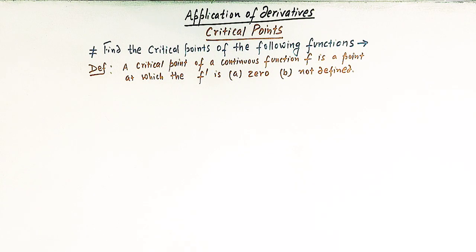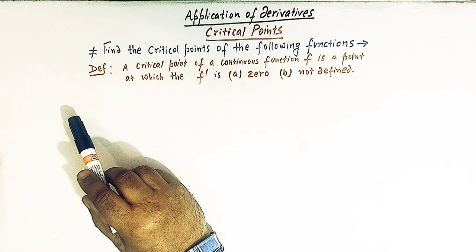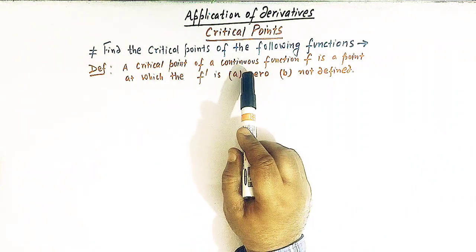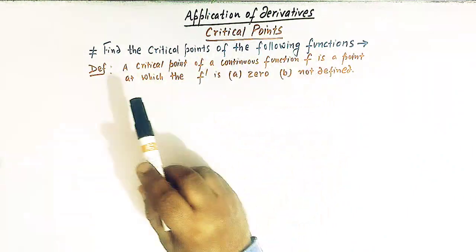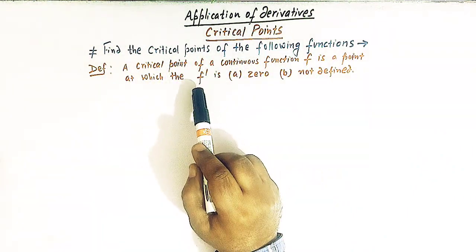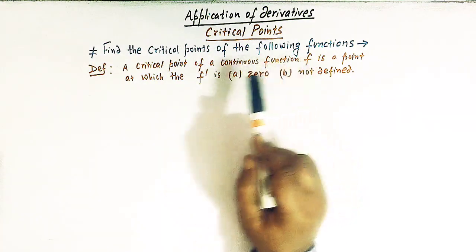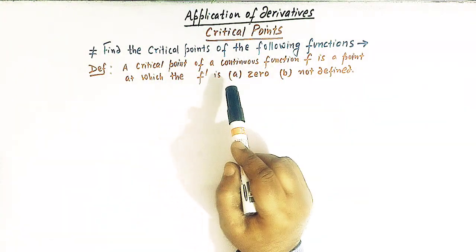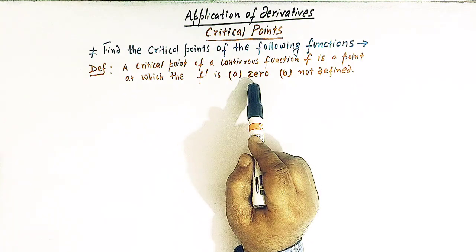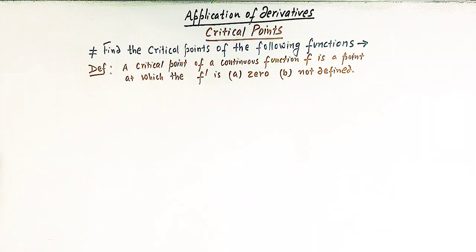So the concept of critical points plays an important role in studying the behavior of functions, and let us first take the definition of critical points, right? A critical point of a continuous function f is a point at which the derivative of the function f, which is denoted by f prime, is either 0 or not defined, right?